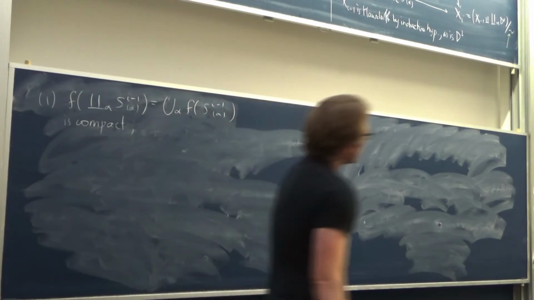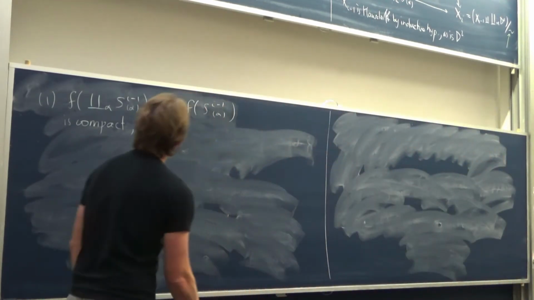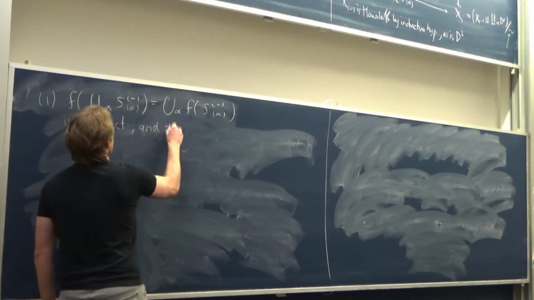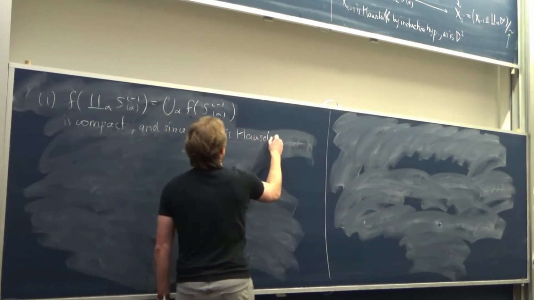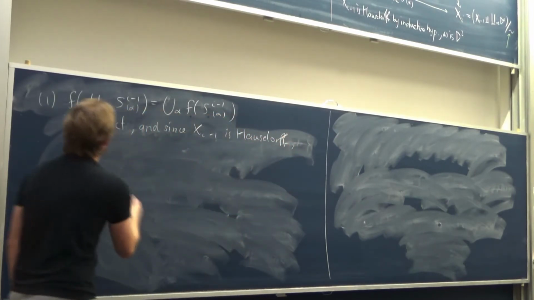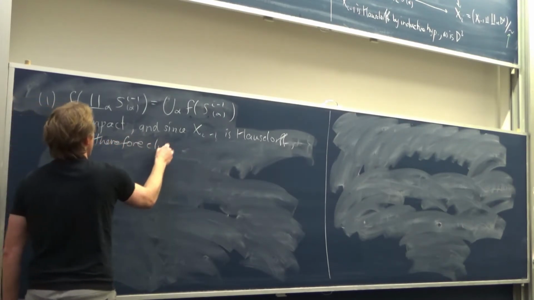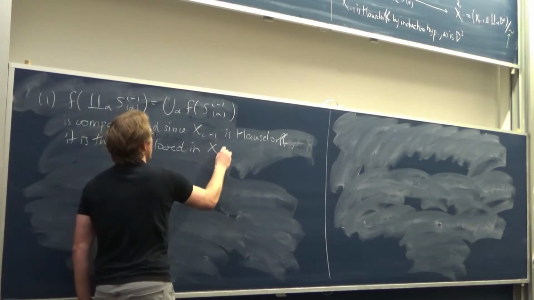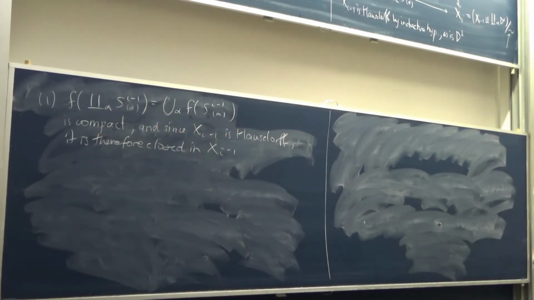But X_{i-1} was Hausdorff by the inductive hypothesis. So those little circles that are drawn in X_{i-1} actually are, as you would expect, a closed subspace of X_{i-1}.